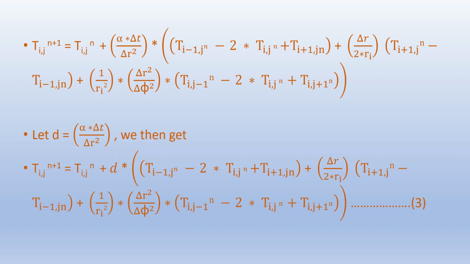And we let d equal alpha times delta t over delta r squared.